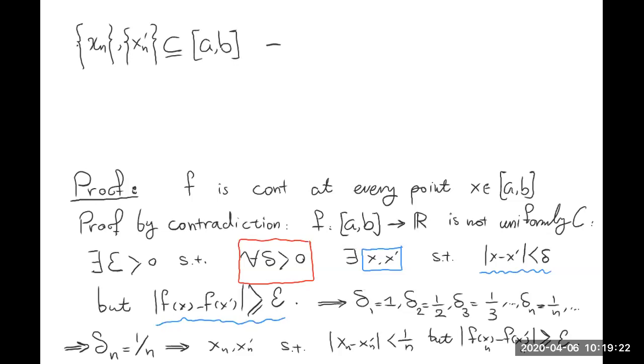What can I say about the sequences in [a, b]? These two sequences, of course, are bounded. And [a, b] is a closed interval. What do I know about sequences which are bounded when they are inside a closed, bounded interval?